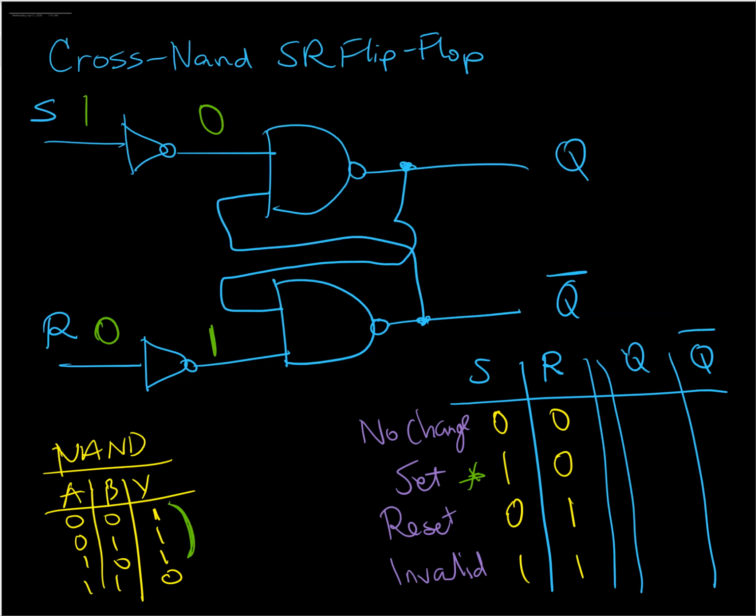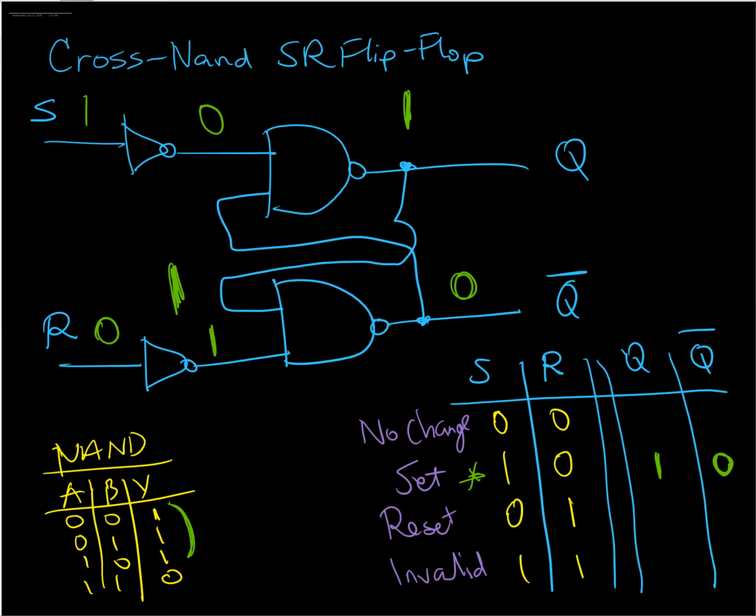So as a starting point, this top gate here, we know that output must be 1 because of the 0 input. And then that feeds back to the bottom gate with a 1, and that output is 0. So we get Q being 1, Q bar being 0, which is exactly what we want for a set condition. So Q is set to 1.